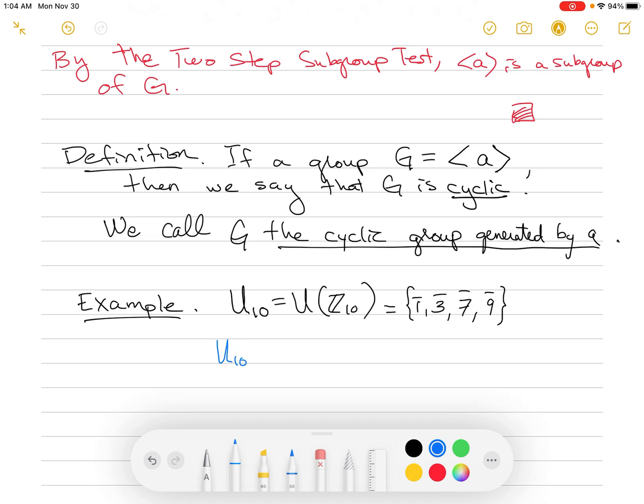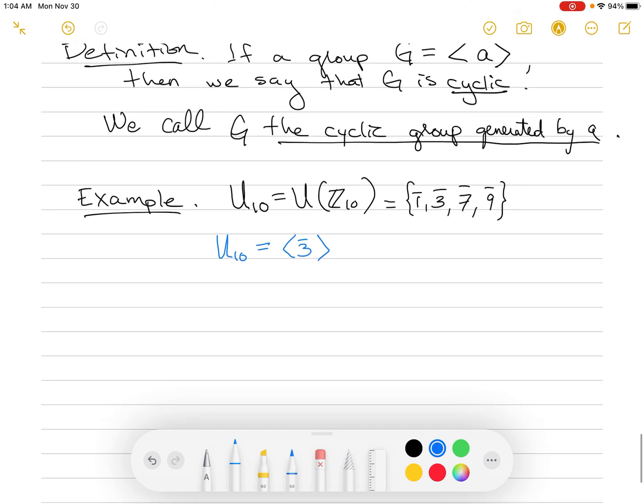So it turns out that U10 is equal to the angular brackets of 3 bar. So what do I mean by that? Let's think about 3 bar. 3 bar to the 1 power is 3 bar.